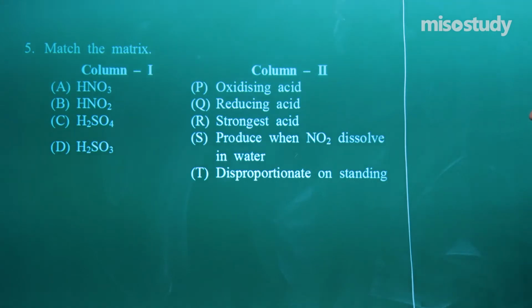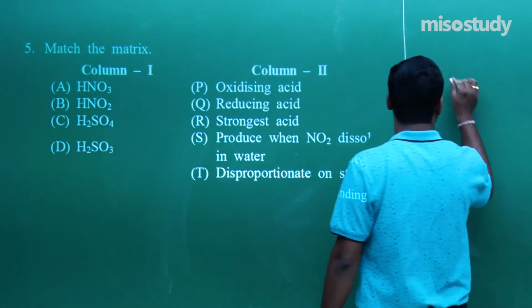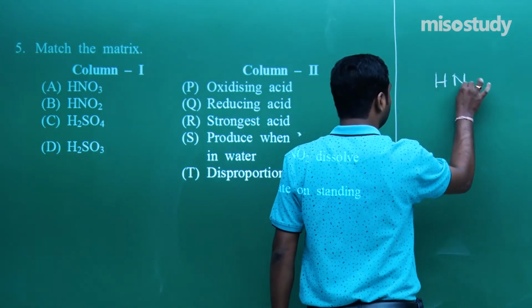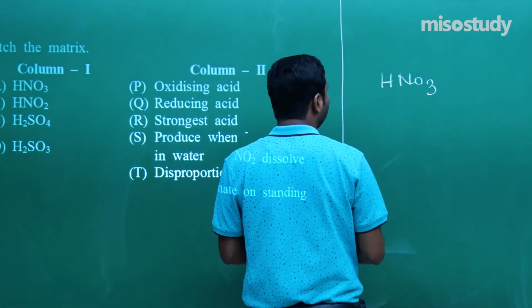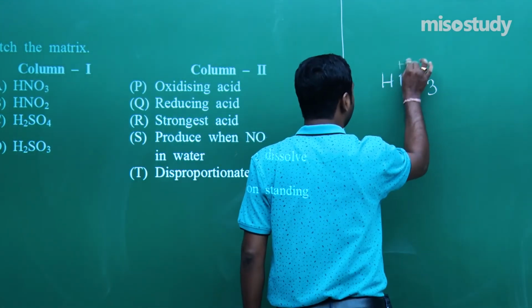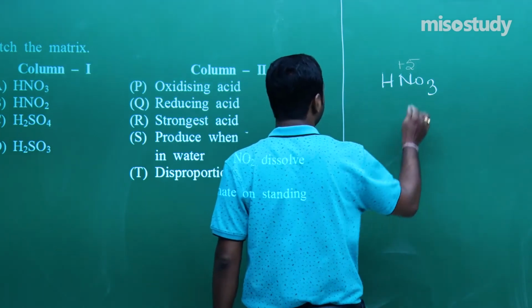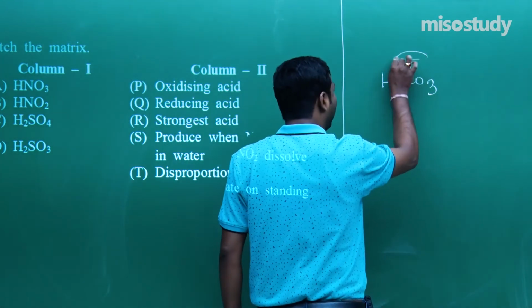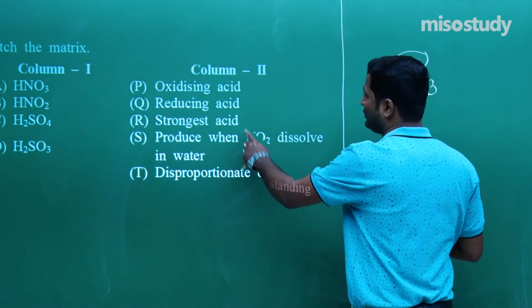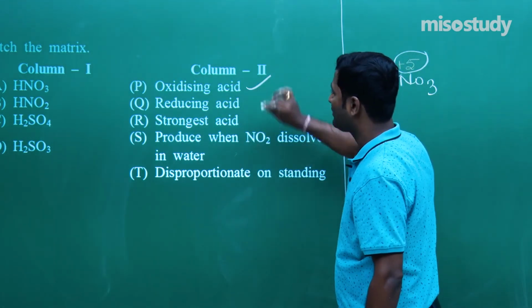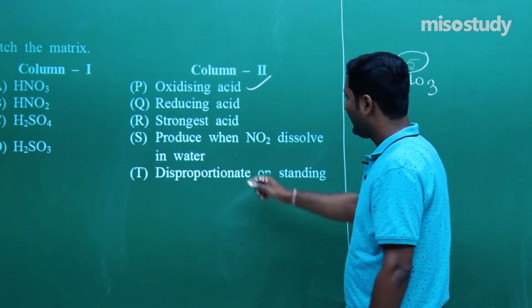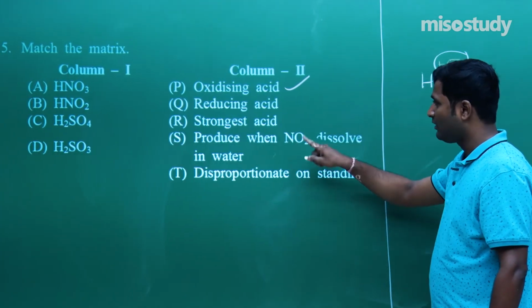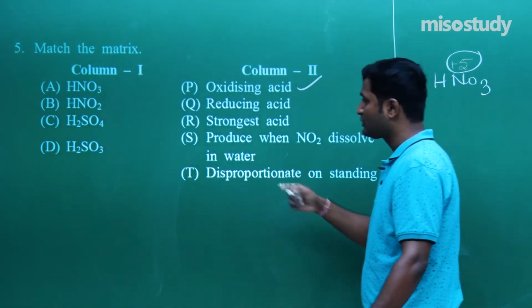Check it out. First of all, if I talk about HNO3, nitrogen is in the +5 oxidation state. It cannot exceed its oxidation state further. So it will not act as a reducing agent, it will act as an oxidizing agent. So P and strongest acid. If I compare H2SO4, H2SO4 is the strongest.